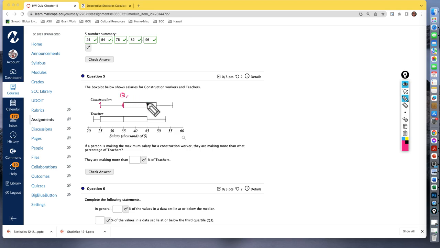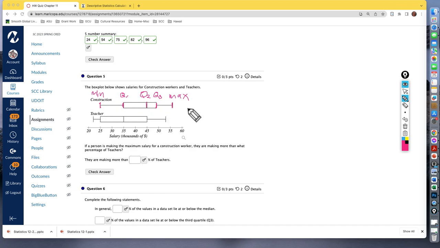This is quartile 2, or the median, because those are the same thing. This bar here represents quartile 3, and this last bar here represents the max, the biggest value. And then you could just drop down and read it. So it looks like the max to me is maybe 56, the third quartile is 50, the median's 45, and so forth.